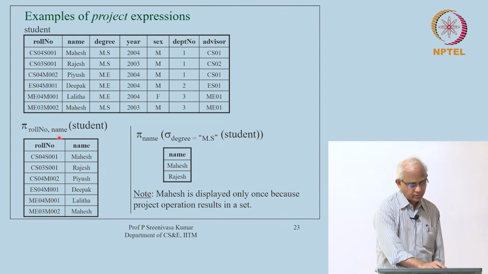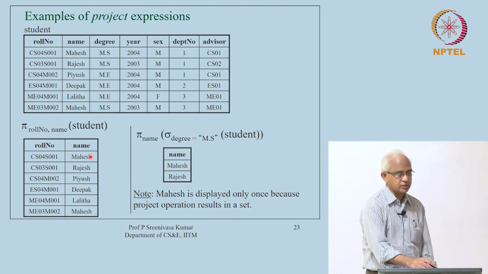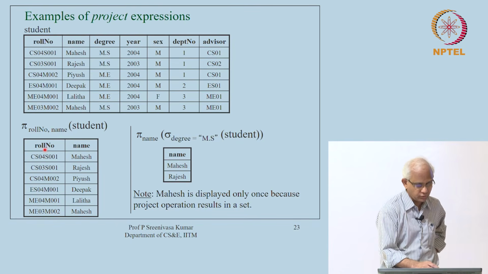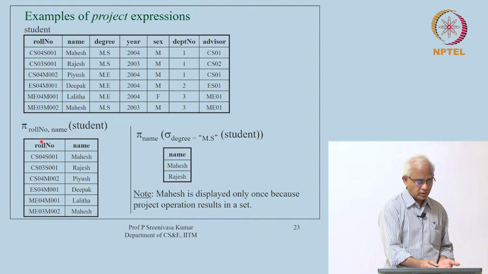If you do roll number name from the student, supposing I just want to get only the names of the students, I am not really bothered about degree, year and all this other details, then you would do pi roll number name on student, and in fact you will get exactly the same number of tuples that are there in the student, because there cannot be any duplicates in this particular combination of roll number and name, because roll number is actually a key. Since roll number is a key, you will get all these tuples.